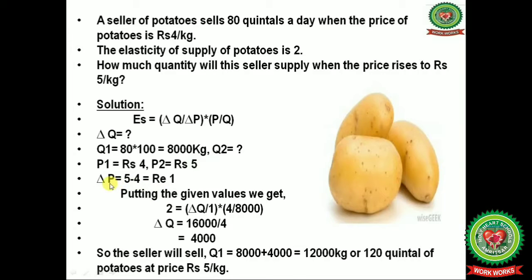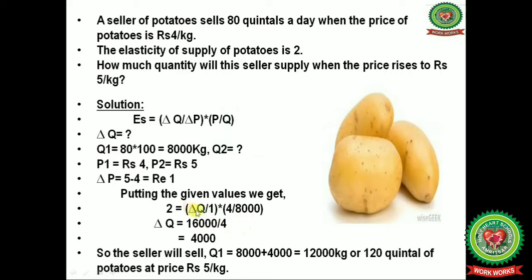Now we have calculated delta P, it is equal to 1. Put the values: delta Q as it is, upon delta P, which is 1, multiplied by the original price P, which is 4, and the original quantity is 80 quintals, meaning 8000 kg.